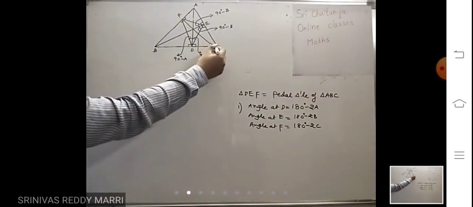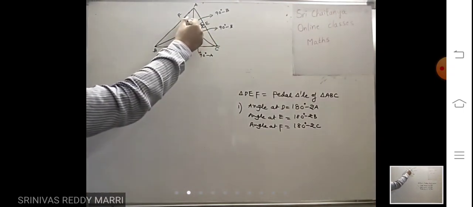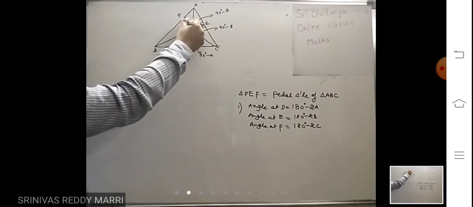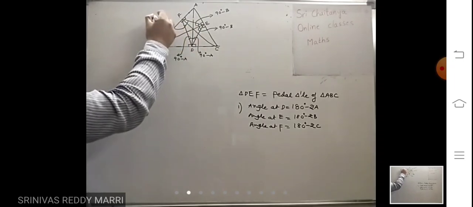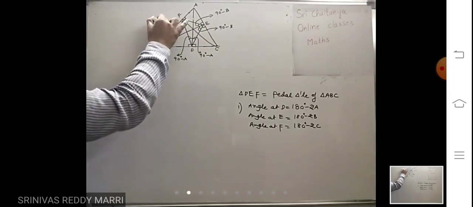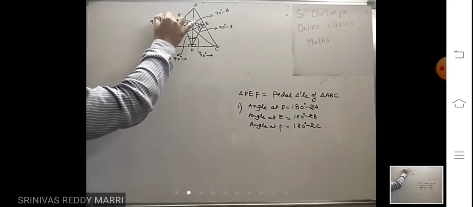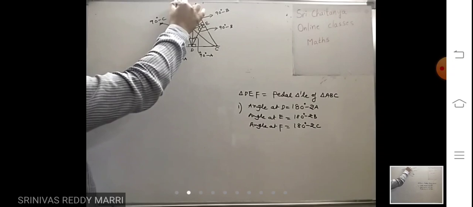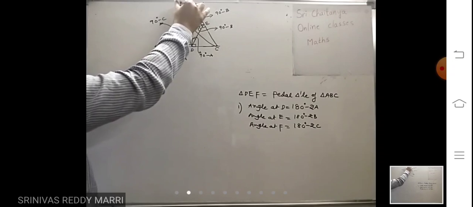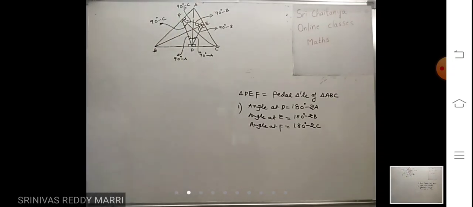Look at here, this angle, opposite to vertex C. So this angle will be half, this angle will be half. So this angle is 90 degree minus C, and this angle is 90 degree minus C, right?